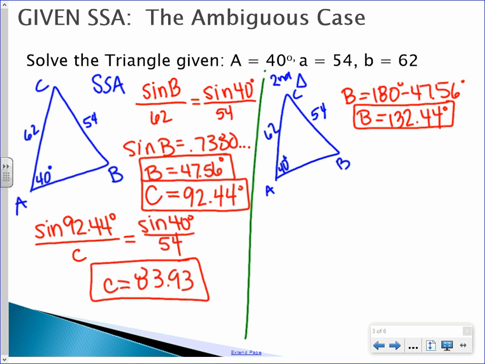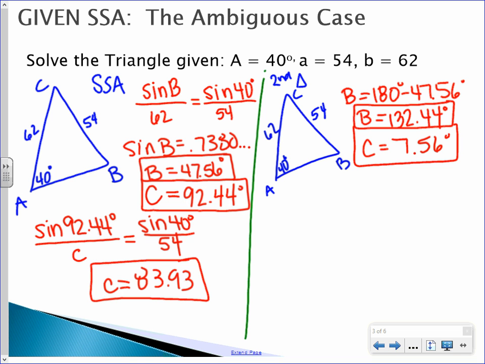So for our angle C, we need to take 180, the angles in a triangle, subtract out 40, subtract out 132.44. What is it? 7.56.